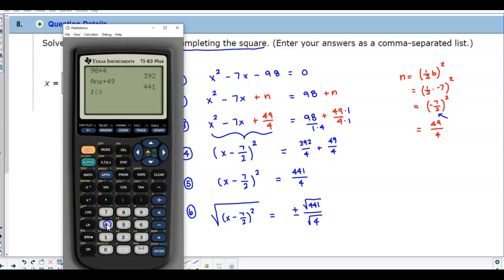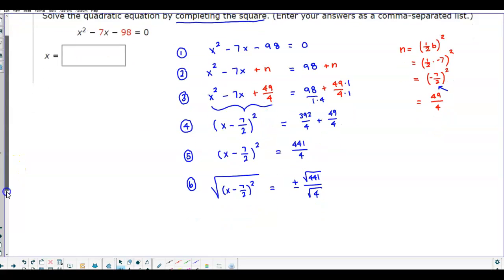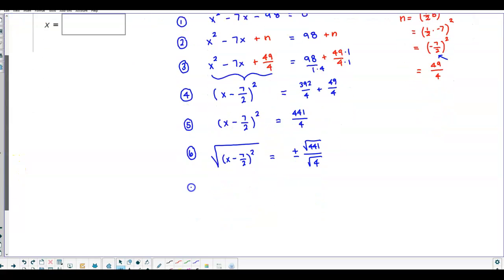Let's take the square root of 441 and let's see if that's a perfect square. Well, it is. It becomes 21. So we know that now on the left side we have x minus 7 over 2, and that's going to equal plus or minus, well, the square root of 441 is 21. Square root of 4 is 2.